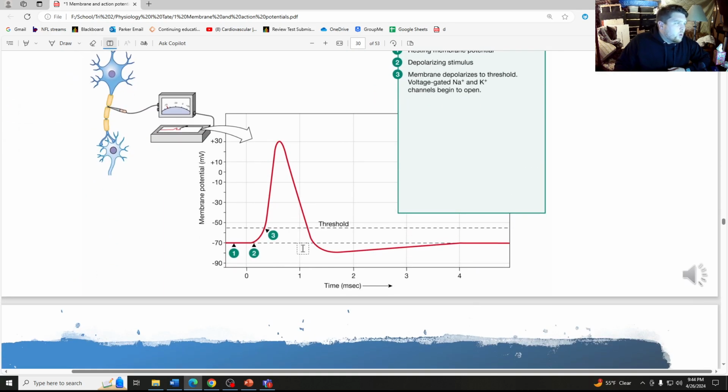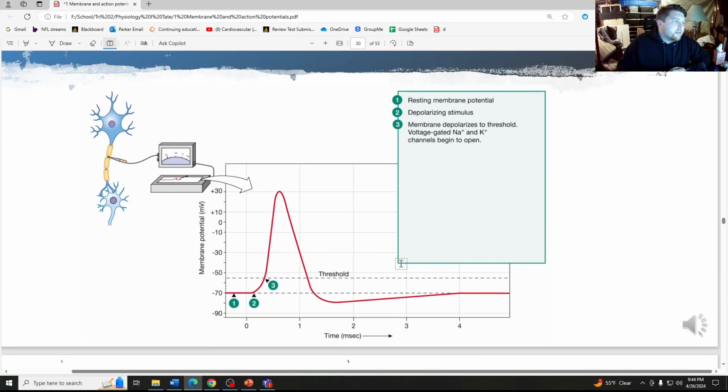Step 3. As soon as we reach threshold, okay, and you'll see this all over. You look at different charts and graphs of all of this, and different charts and graphs say different things about this.